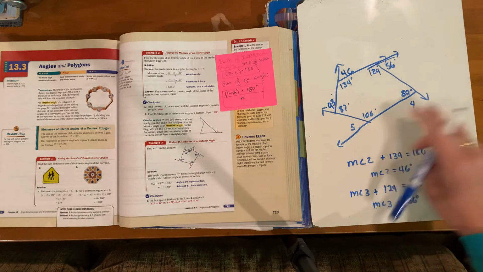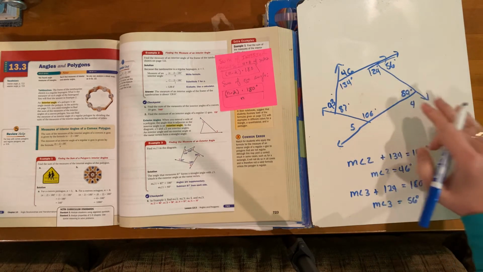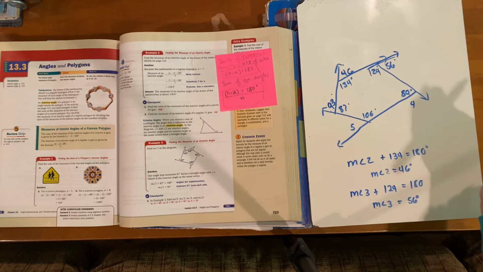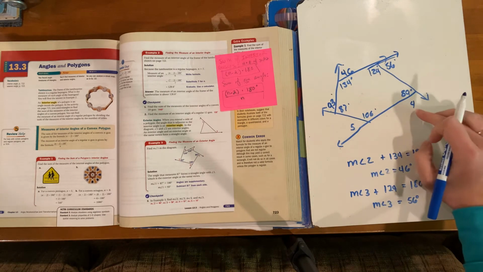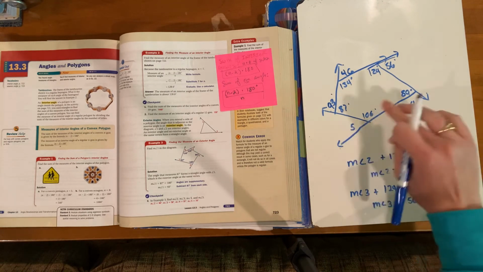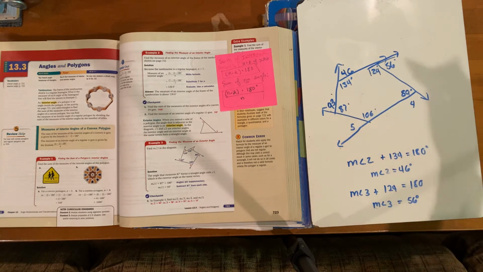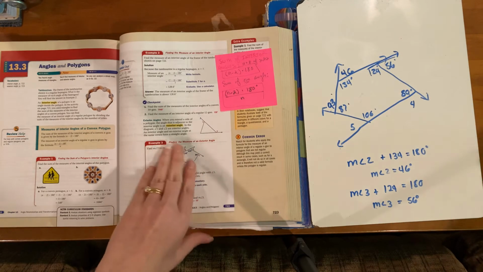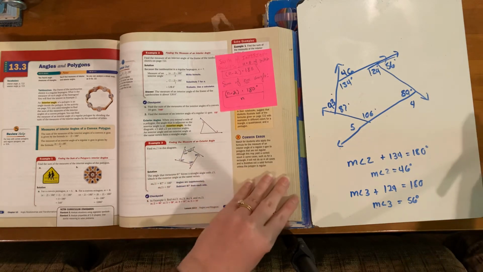And then you just carry that around for each of these. Angle 4 plus 89 has to equal 180. 5 plus 106 has to equal 180. And then you just kind of figure it out. Fill in your blanks.